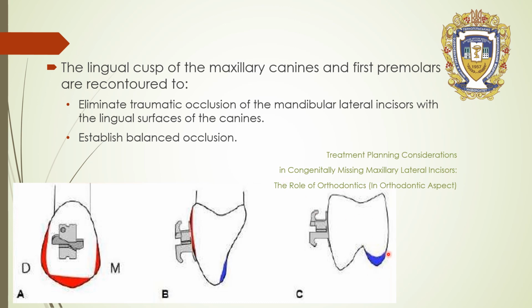The lingual cusps of the maxillary canines and first premolars are recontoured to eliminate traumatic occlusion of the mandibular lateral incisors with the lingual surfaces of the canines, and establish balanced occlusion.